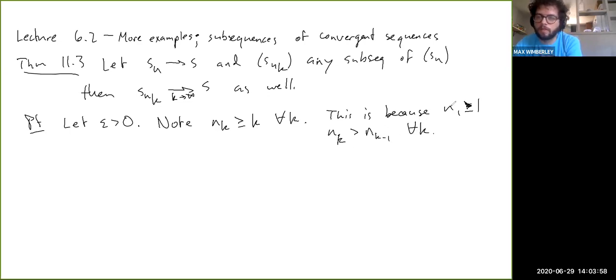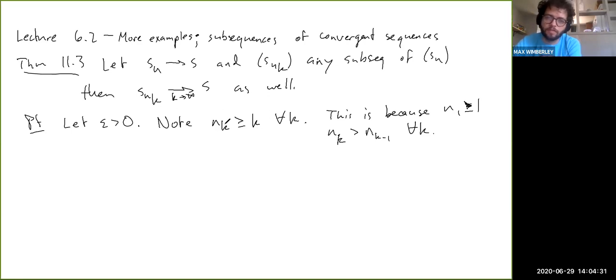Okay, so basically if you just imagine what happens, you start at 1, that's the smallest number that you can start at, then every time you increase k, nk has to increase by at least 1, right? So the smallest that nk could be would be if you only increased by 1 every single time. But if you ever skip a value, if you ever skip a term in snk, then nk has to be bigger than k itself, okay?